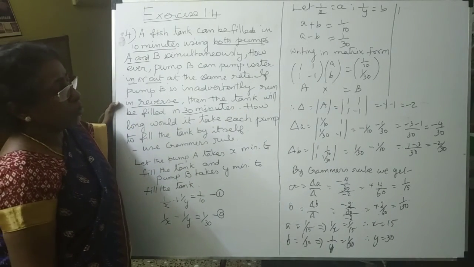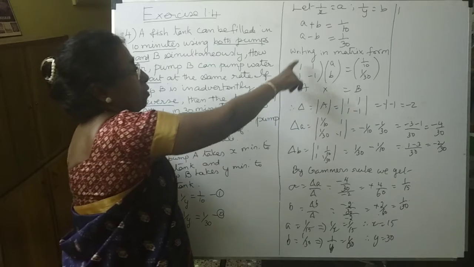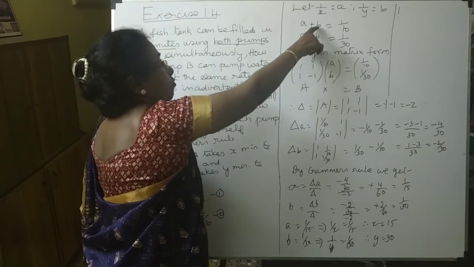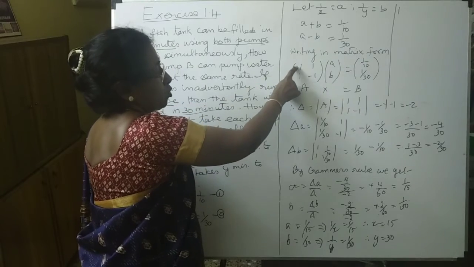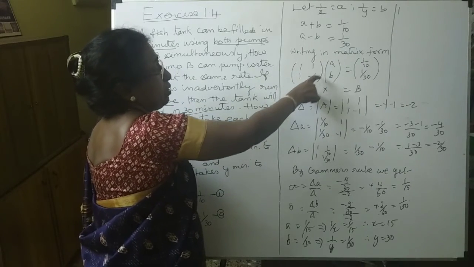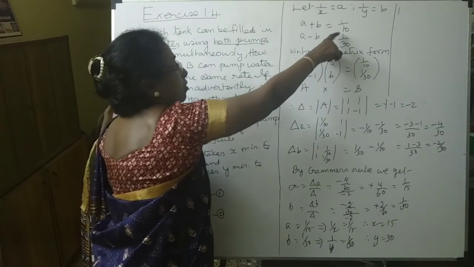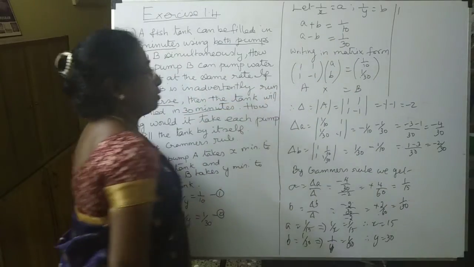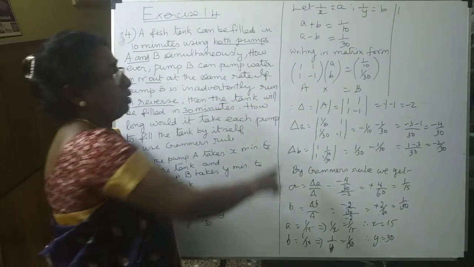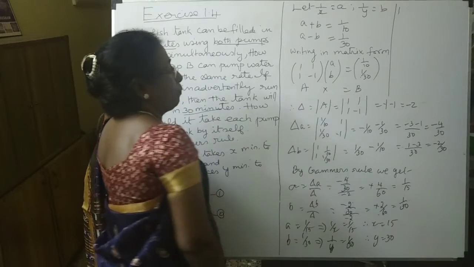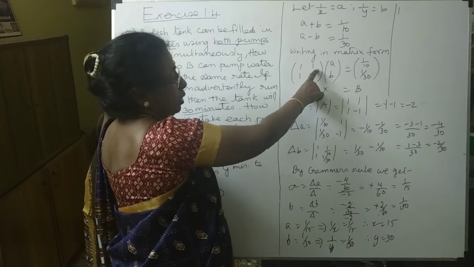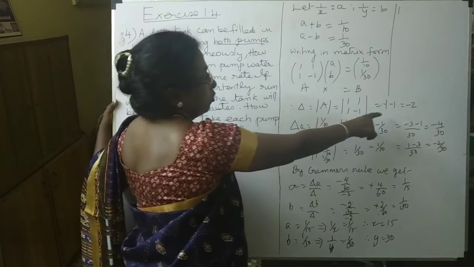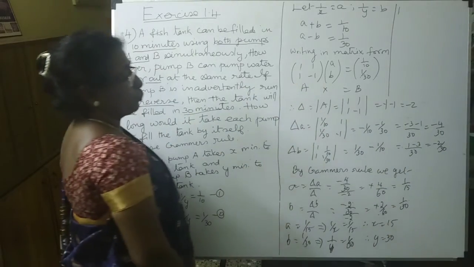Writing this in matrix form, we get coefficient of A is 1, coefficient of B is 1. Here A is 1, here B is minus 1. So [1, 1; 1, -1] into [A; B] is equal to [1/10; 1/30]. So this is of the form AX is equal to B. Therefore, delta is equal to determinant [1, 1; 1, -1], the value reduces to minus 2.